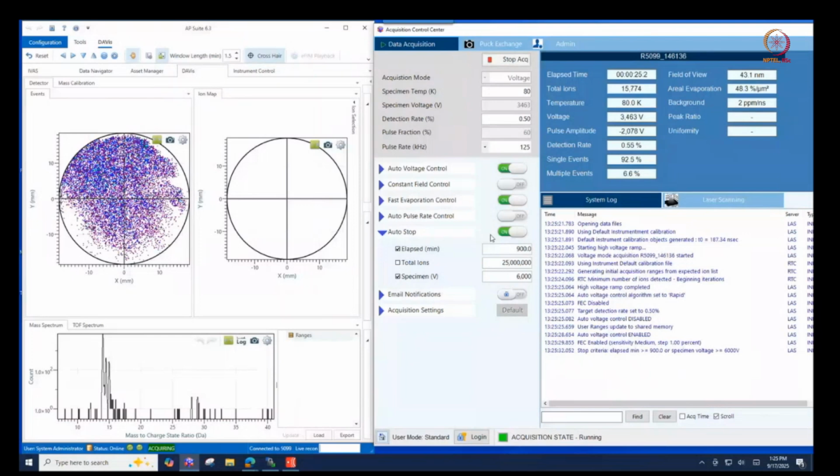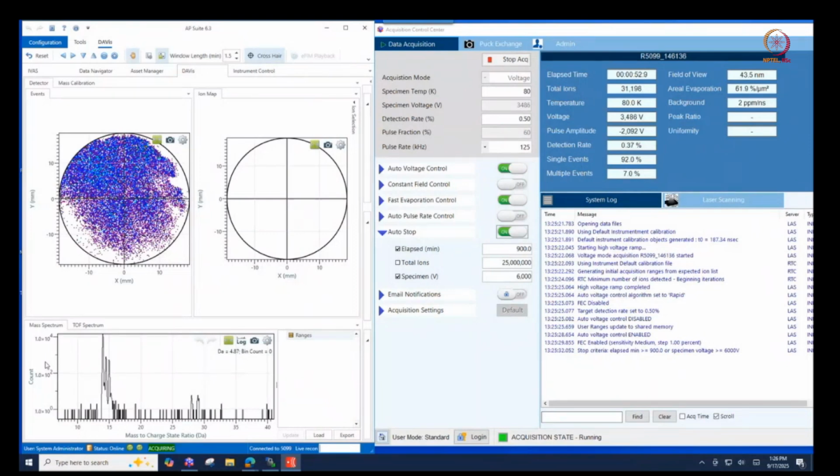Now you can see that as I increase the pulse fraction further to 60%, the background has further reduced to 2 ppm per nanosecond. And the single events and multiple events are also slightly improved compared to 20%. You can see the peaks are also getting clearly resolved in this case. So more or less, we have understood the effect of pulse fraction.